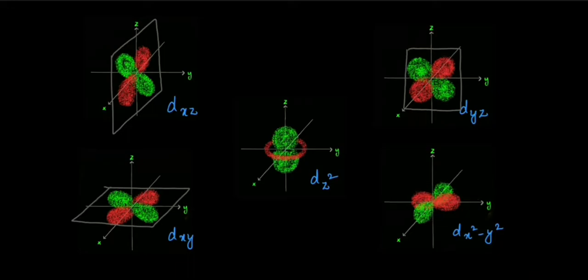For dz square, the wave function is present along xy plane, and also there is electron density along the z axis. So these are the two lobes along the z axis. Now let me represent these d orbitals in X, y and z spatial coordinates.